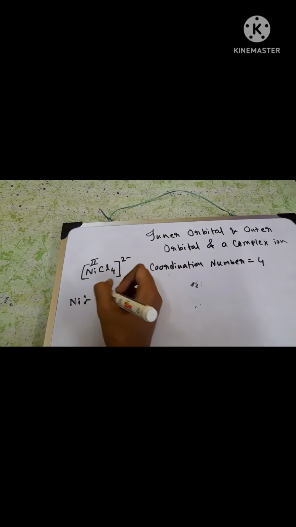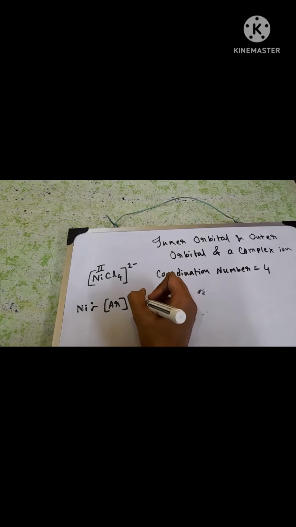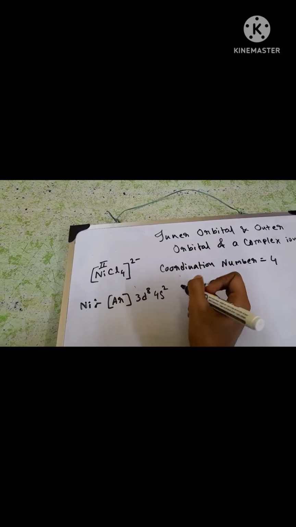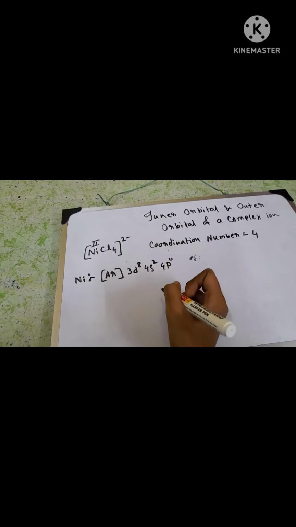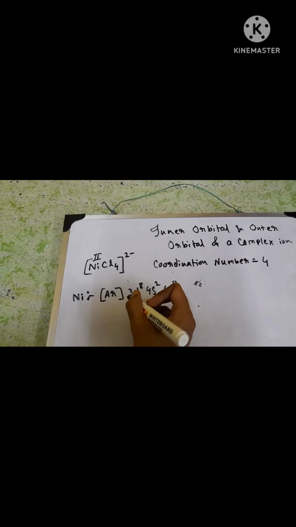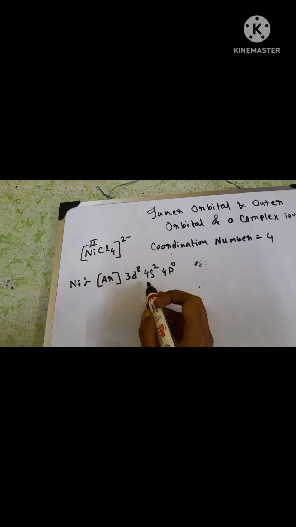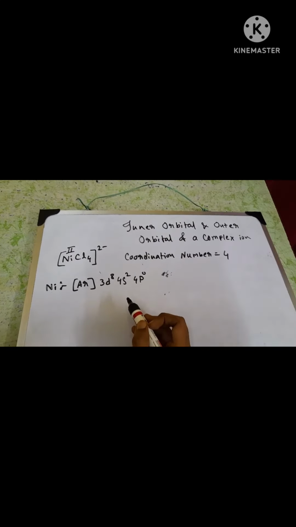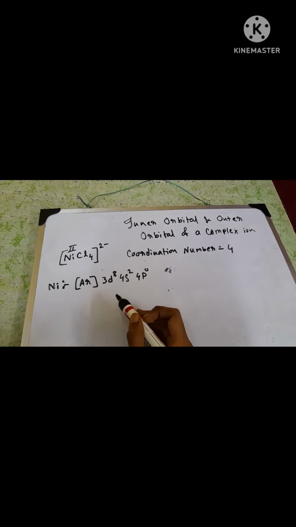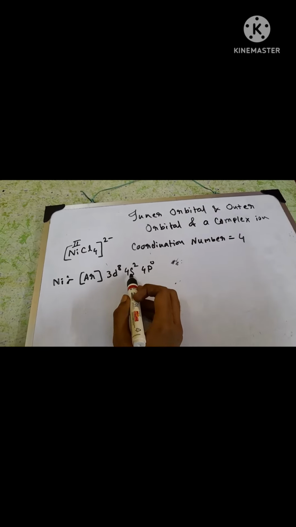I have written the electronic configuration of nickel as argon. The electronic configuration of nickel is argon 3d8 4s2 4p0, because the atomic number of nickel is 28, which you should know. I am writing the electronic configuration in this way, where the valence shell is 3d8 4s2.